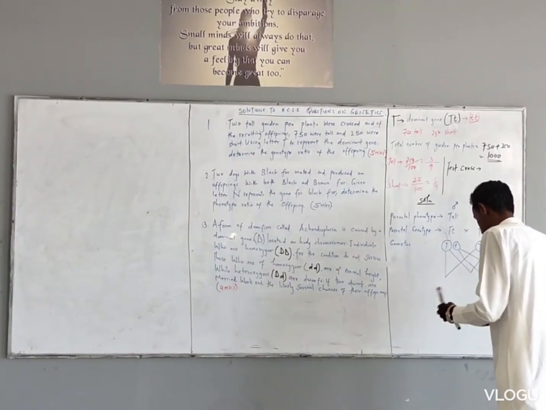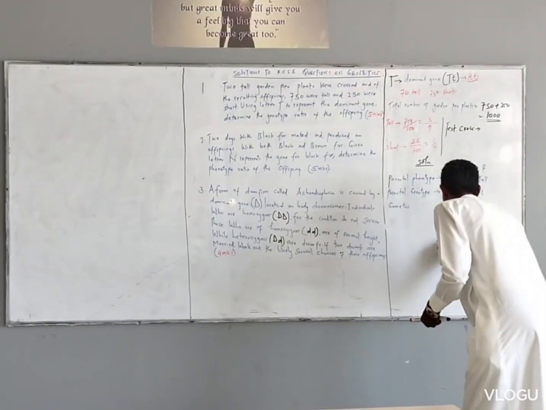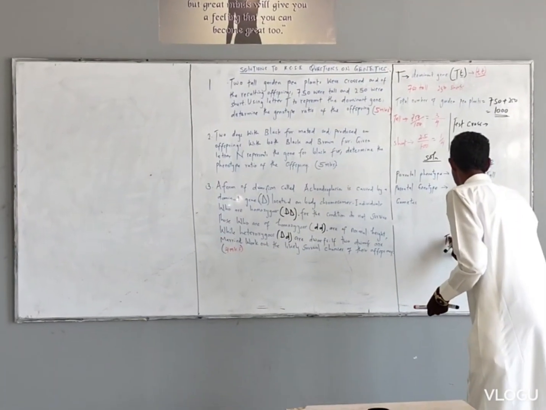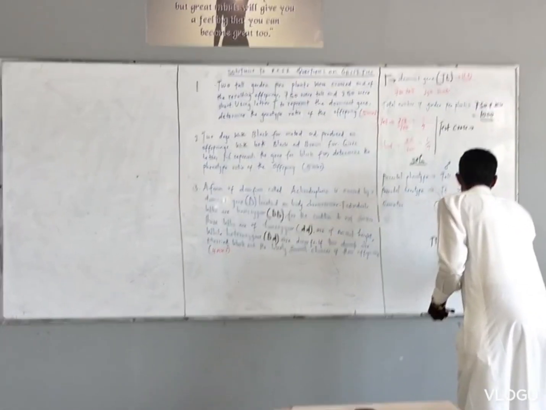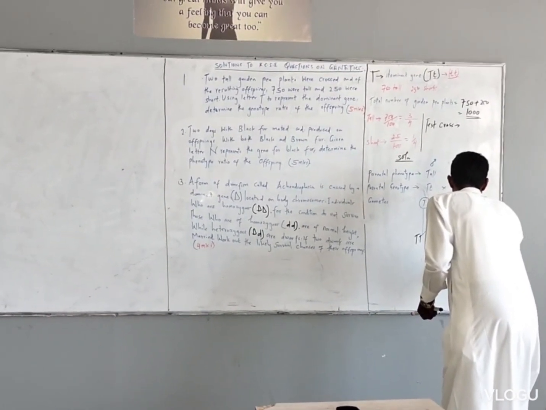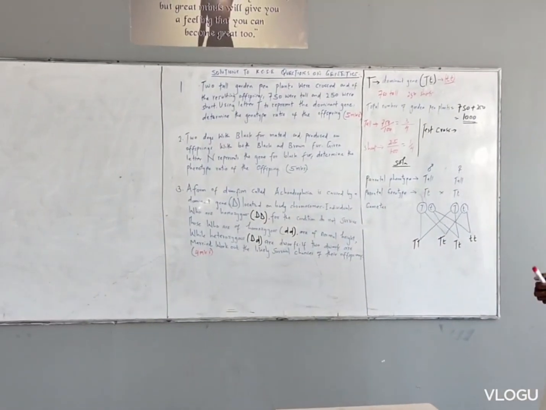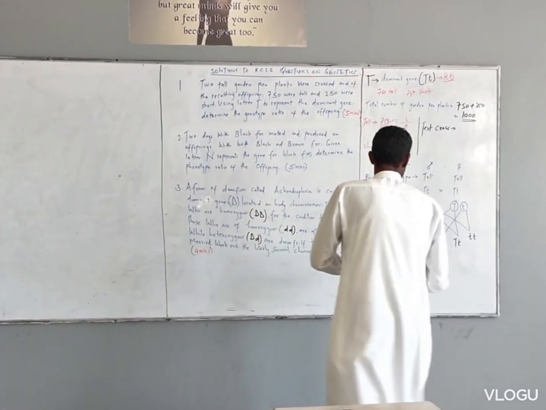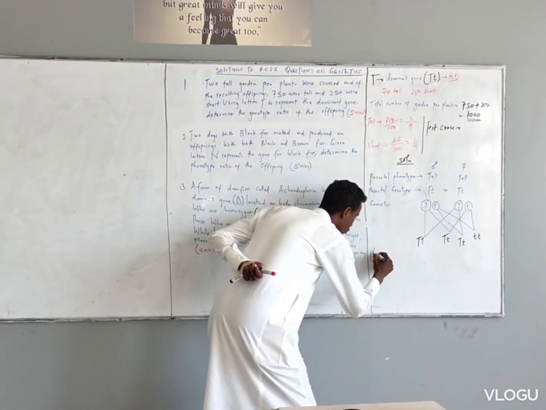This one is TT, this one is Tt, this one is Tt, and the last one is tt. Now let's look at the phenotypic ratio.